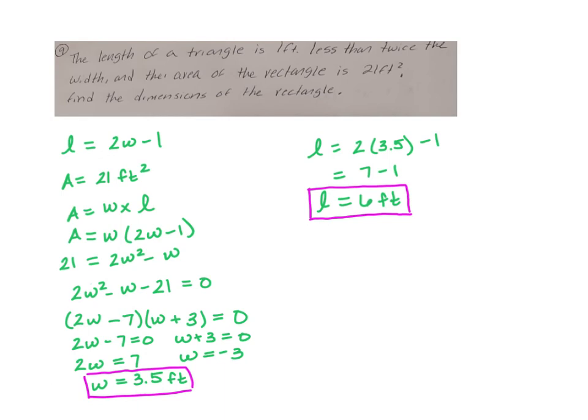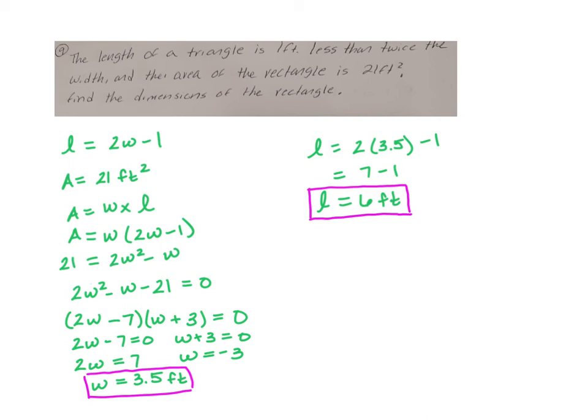So Jen, when I looked at this question, I immediately thought, I see it says the length of a triangle, but I'm wondering if you meant to write rectangle there, because it says the length of a triangle is 1 foot less than twice the width. Usually if we talk about a triangle, we talk about the height and the base, not the width.